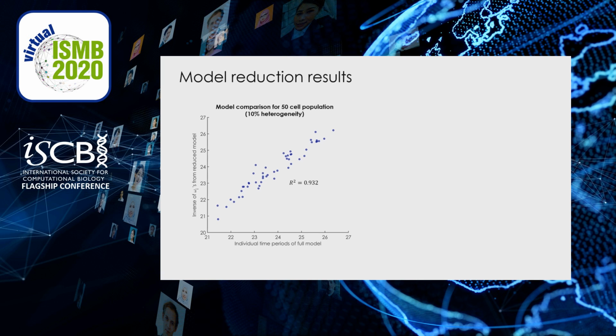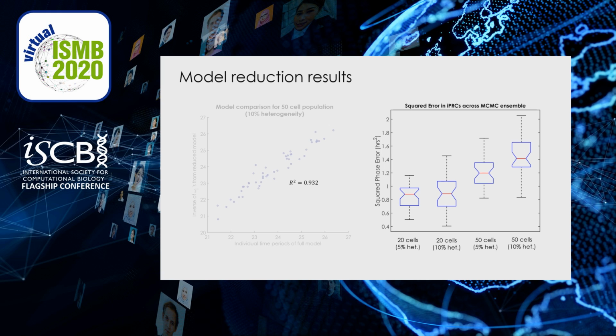In fact, the R-square value across all of the reduced models that we infer for populations of different sizes and heterogeneities is always more than 0.9. We can also see that when we compare the phase response curves or the perturbation data, the mean squared error is often less than 5 to 6% of the full simulations.